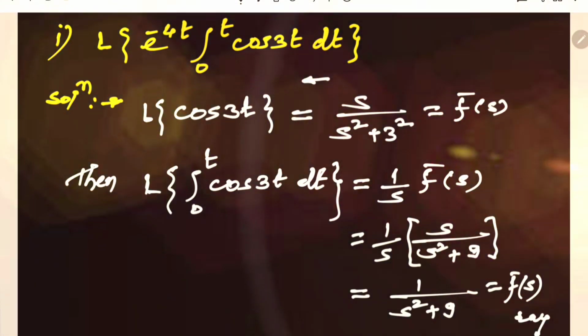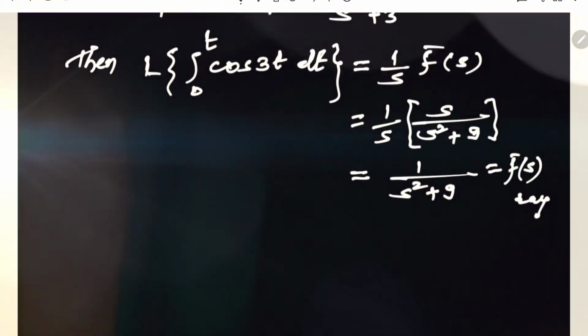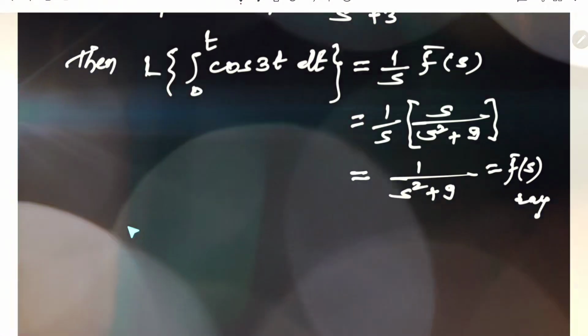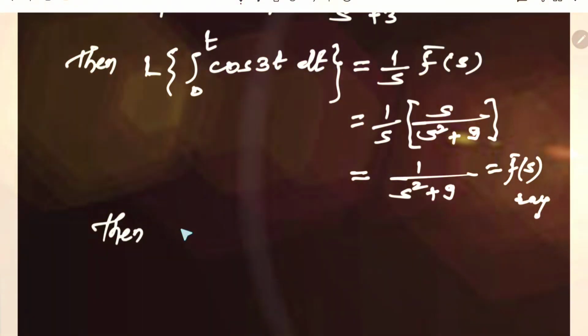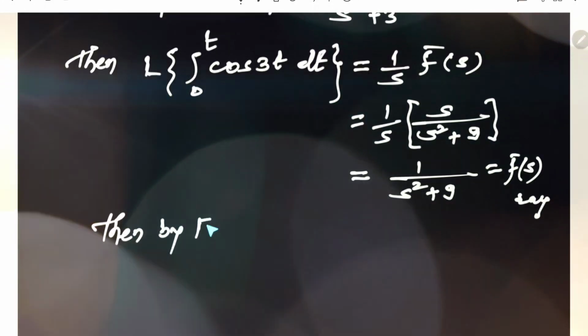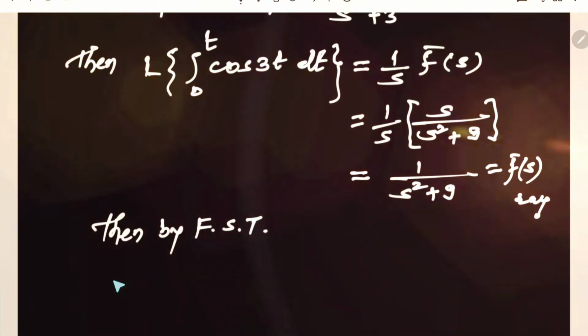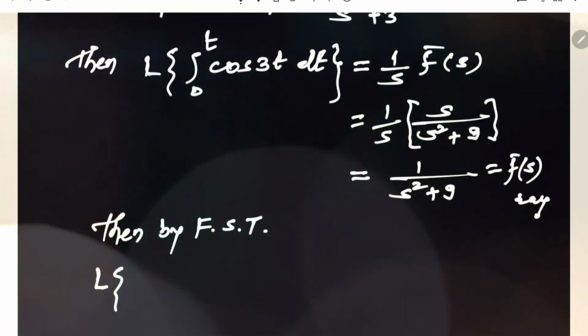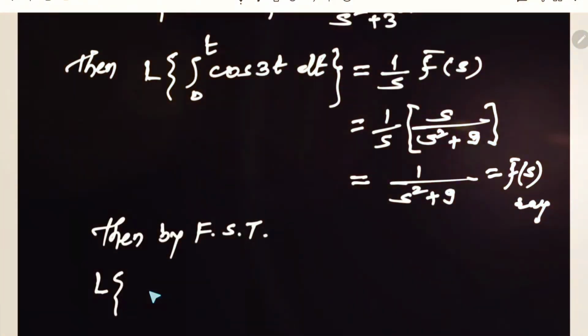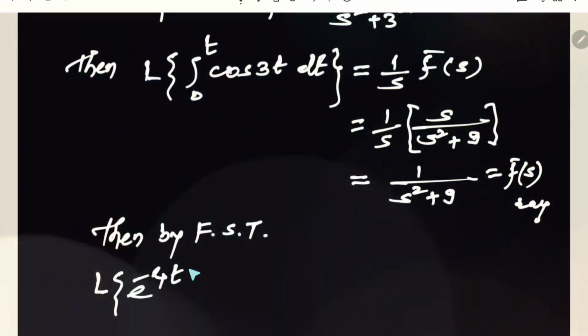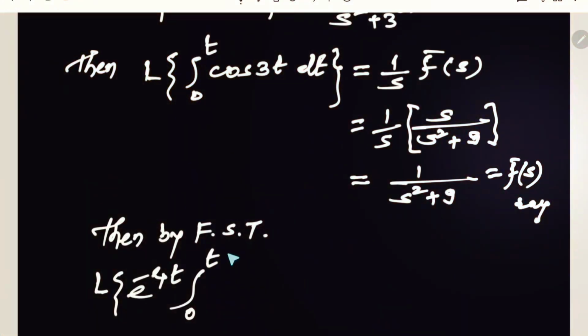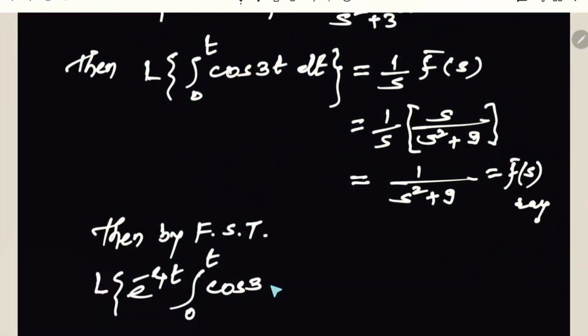Then in the last step, as it is multiplied by e raised to minus 4t, it becomes a problem of first shifting theorem. For applying that first shifting theorem, we get Laplace of e raised to minus 4t into integration from 0 to t of cos 3t dt by replacing s by s plus 4 in the previous result.